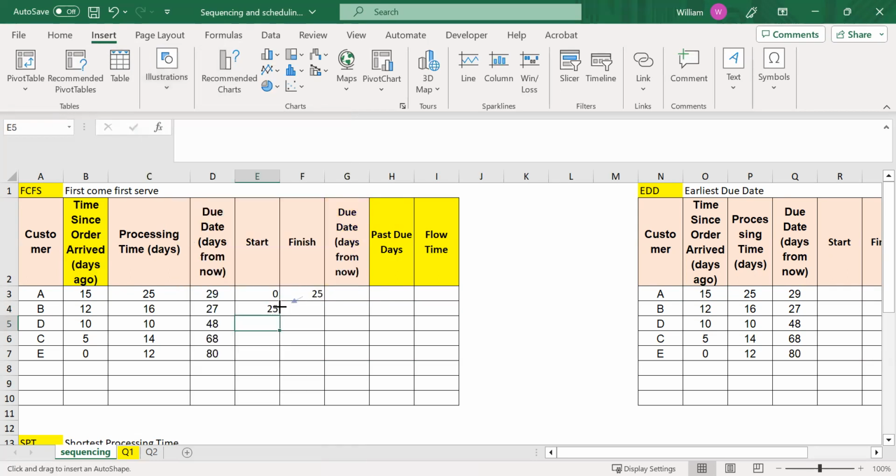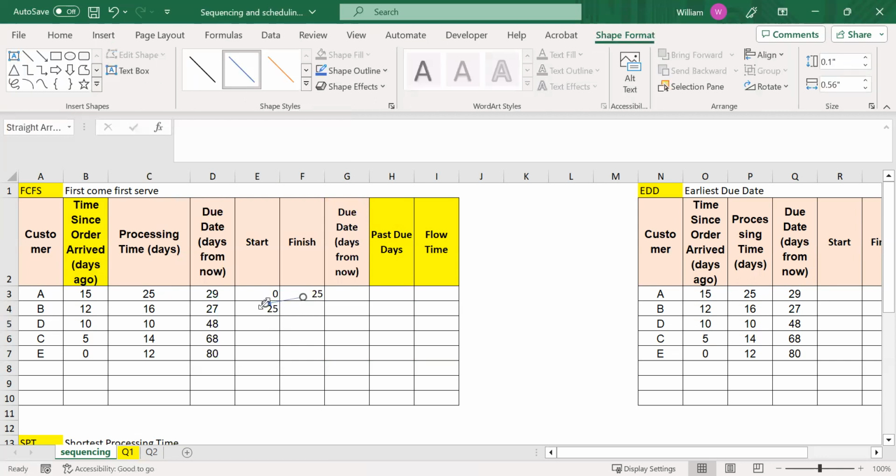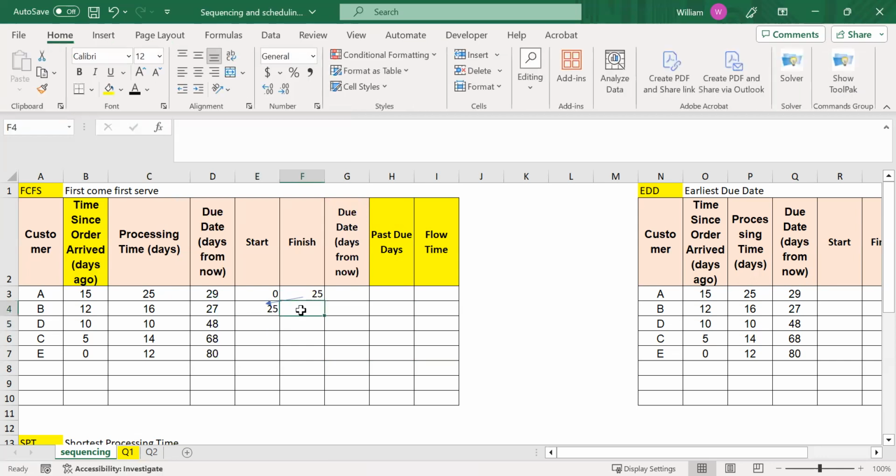So your finish time for the first job becomes the start time for the next job, okay? And your finish time for the second job becomes your start time plus your processing time, okay? So job B starts on day 25 and it's finished on day 41, okay?